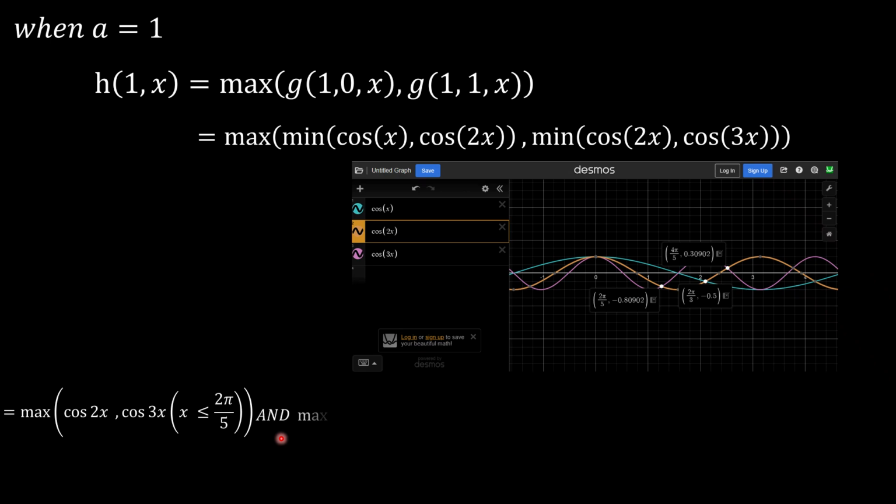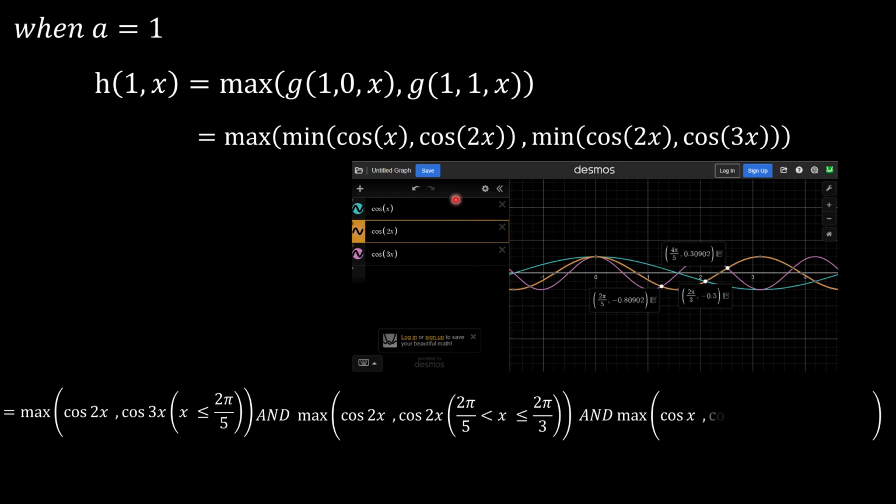And in the domain 2 pi over 5 to 2 pi over 3, for the minimum between cosine x and cosine 2x, cosine 2x is still the minimum, and between cosine 2x and cosine 3x, cosine 2x now becomes the minimum.